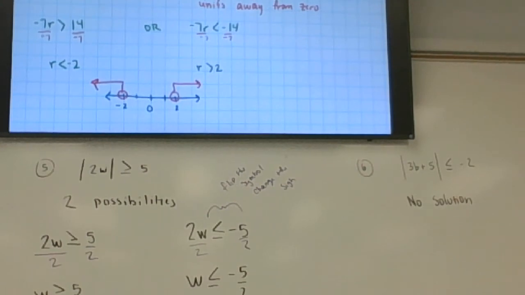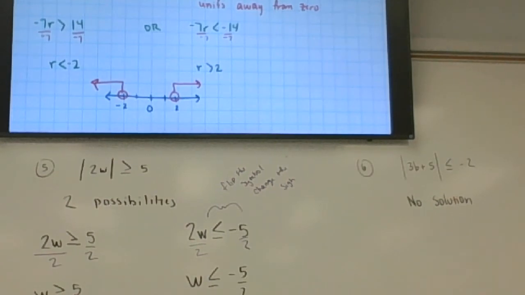Number 20, I got H is greater than or equal to 4. And then N is greater than negative 6. That means it should be less than or equal to negative 6.